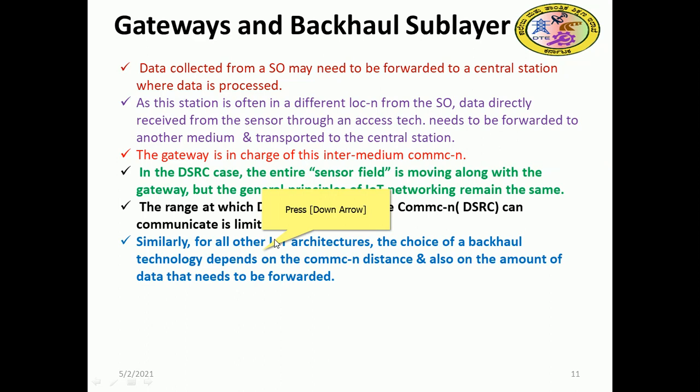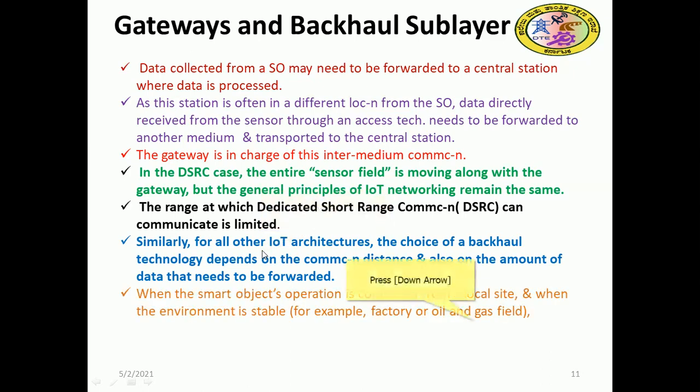Similarly, in all other IoT architectures, the choice of backhaul technology depends on the communication distance and the amount of data to be forwarded. Distance and the quantum of data are prime factors when choosing the backhaul technology for any IoT architecture.